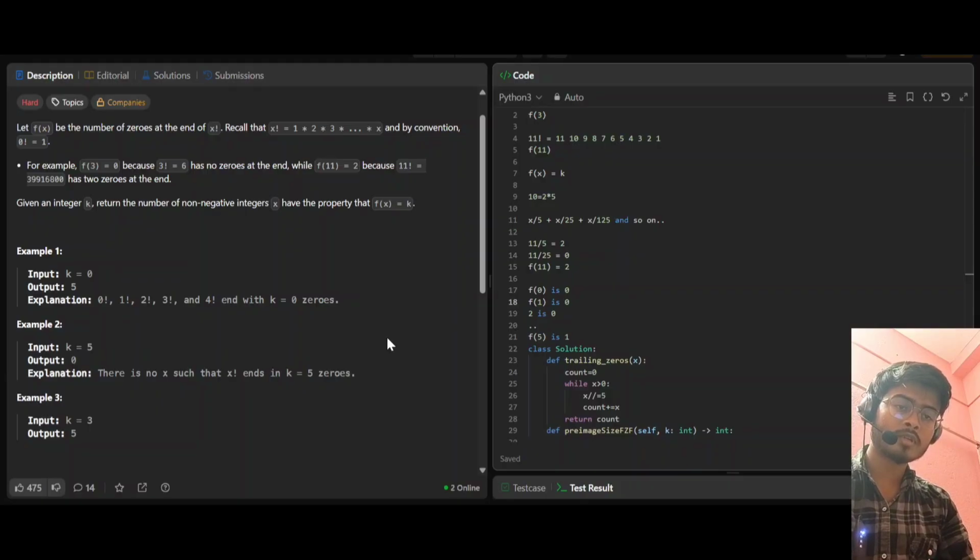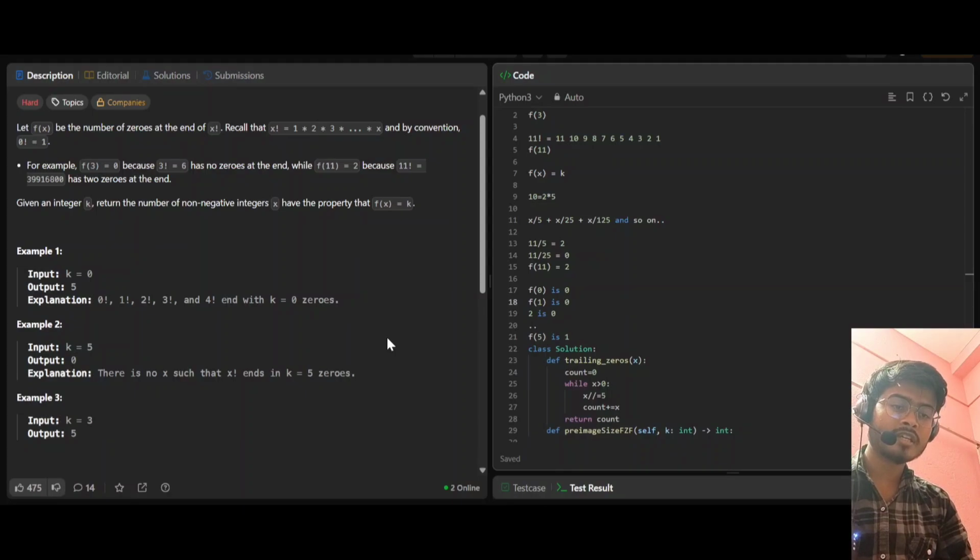Now, for example, the trailing zero count is 1 for 5, 6, 7, 8, and 9. Similarly, the trailing zero count is 2 for 10, 11, 12, 13, and 14.